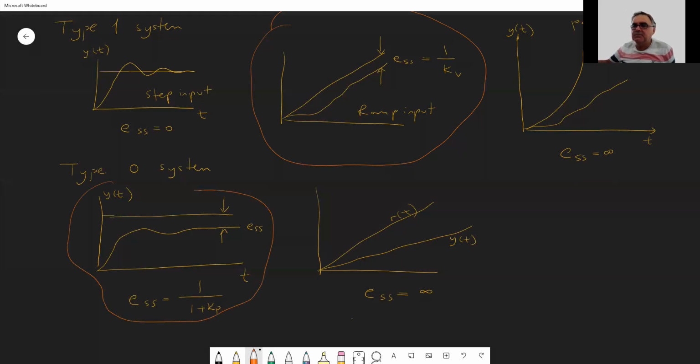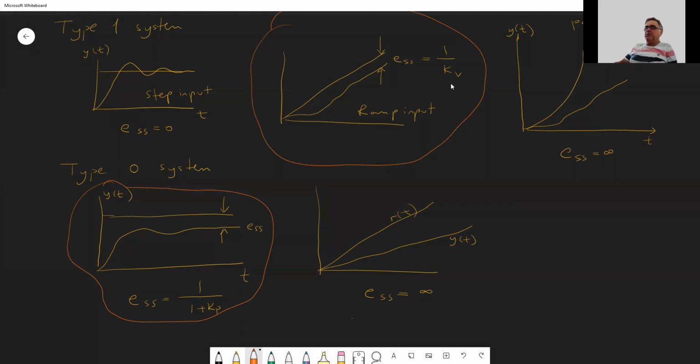So this is the degree of polynomial input for which the steady state error has finite value, basically. It is not zero, but finite.